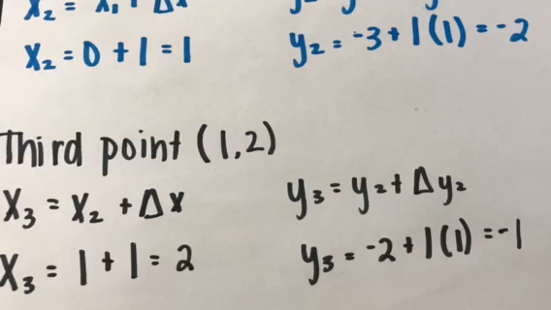Then you repeat the step again, and you find that for the third x, 1 plus 1 equals 2, and for the third y, -2 plus 1 times 1 equals -1, making that when x is 2, y is -1.